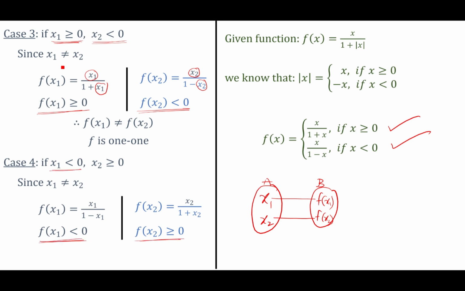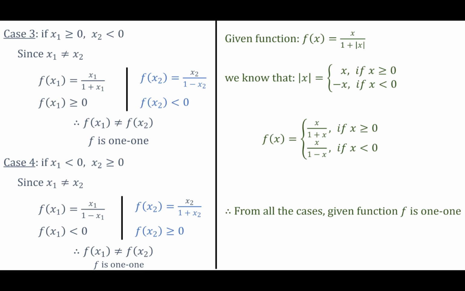So two elements of set A have two different images. Since f of x1 is not equal to f of x2, the given function is 1-1. Therefore, from all four cases, we can conclude that the given function is 1-1.